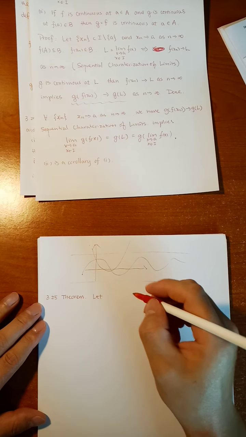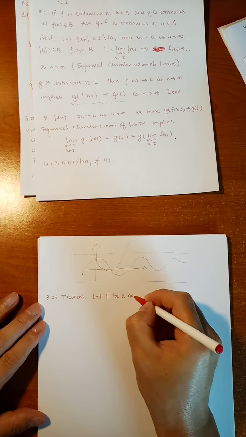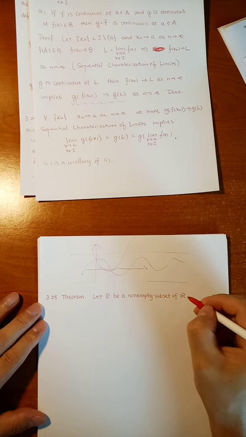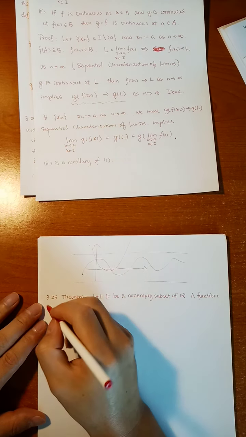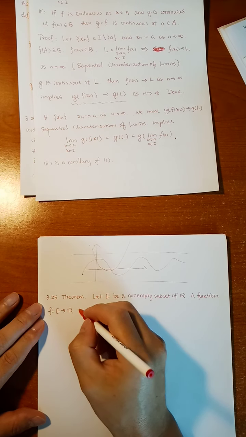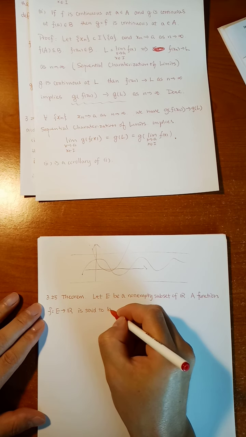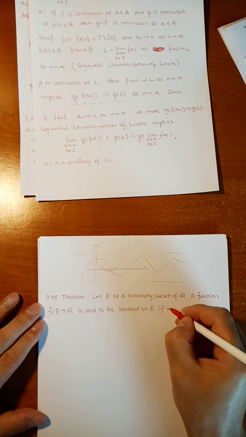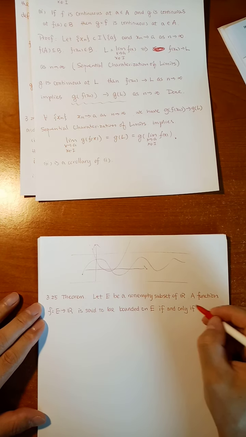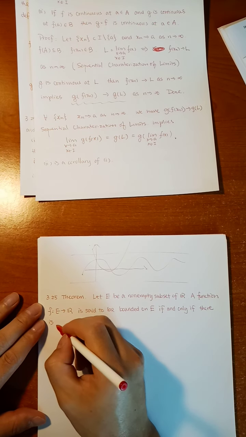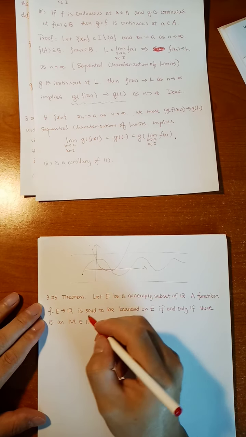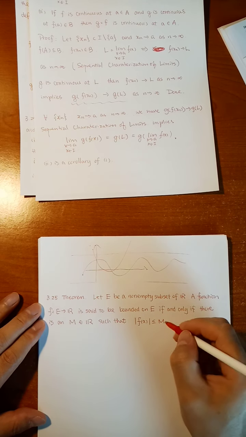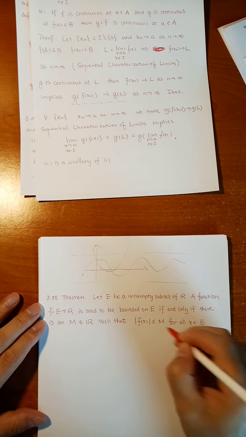So let E be a non-empty subset of R. A function f from E to R is said to be bounded on E if and only if there is a number M in R, of course positive normally, such that the absolute value of f(x) is less than or equal to M for all x in E. So from this condition, we know it is positive.